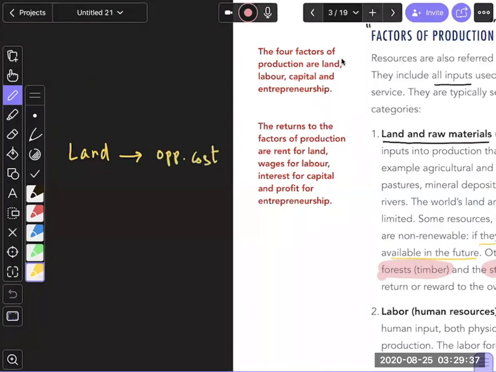Let's say I own a piece of land and I decide to build a house on it, and I'm living in the house. What's my opportunity cost of this action? Anyone who can tell me?